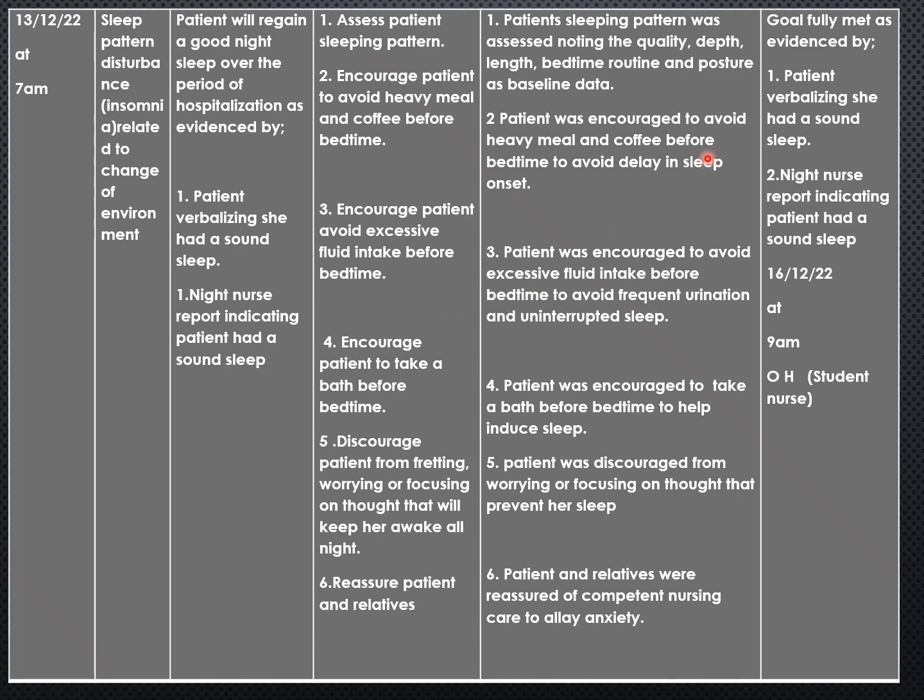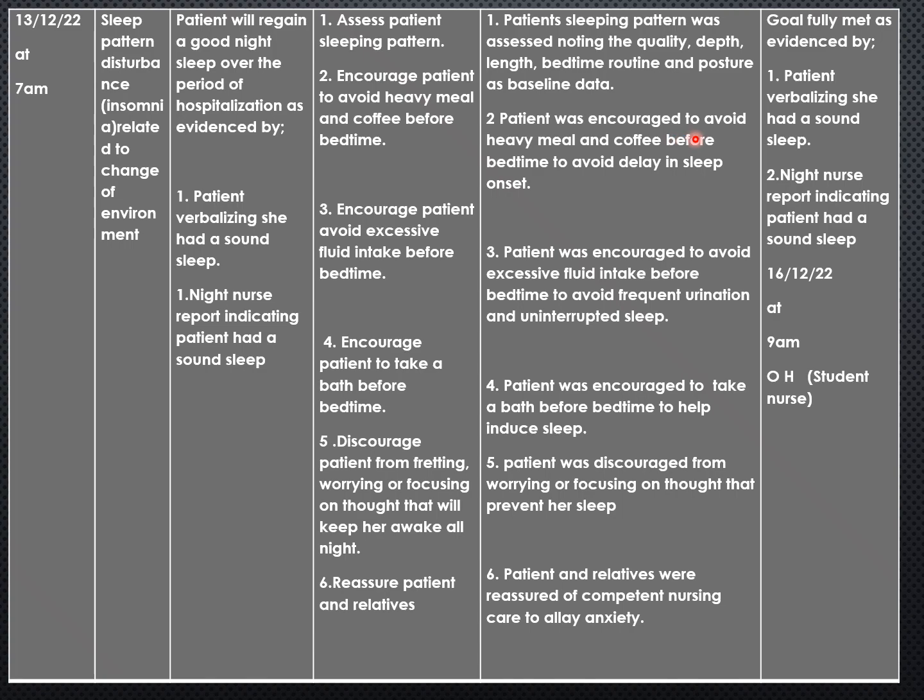But the intervention might look like a rationalized order or a past-tense order. So looking at your nursing intervention, which is 1, patient sleeping pattern was assessed, not assess. And then with a little bit of rationale for flair: noting the quality, depth, length, bedtime routine, and posture as a baseline. Then you can have 2.